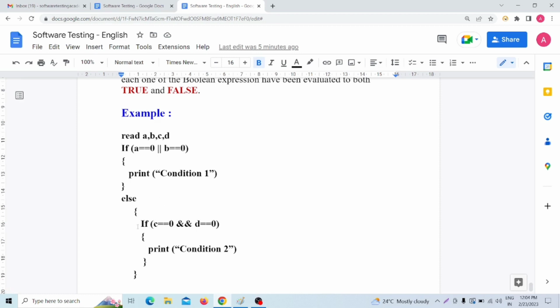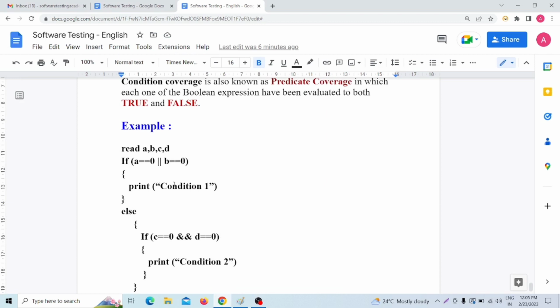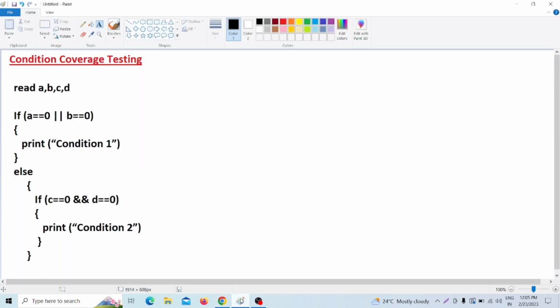So these two are the conditions. This is one condition and this is another condition. Now let's evaluate the example, to see how we can calculate the condition coverage. The same example I have also written here.